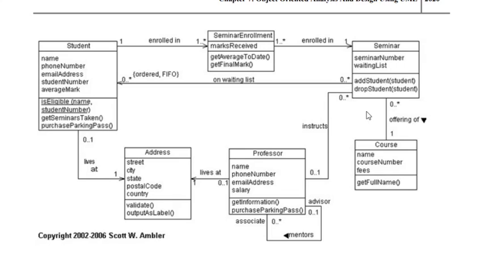So likewise here, we have 0 to n number of seminars being offered for one course. If you consider a particular subject, artificial intelligence, there might be 0 to n number of seminars for that one subject. So 0 to n number of seminars are being organized for a particular subject.